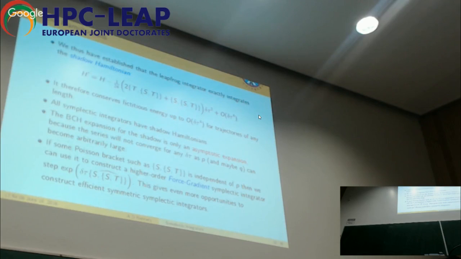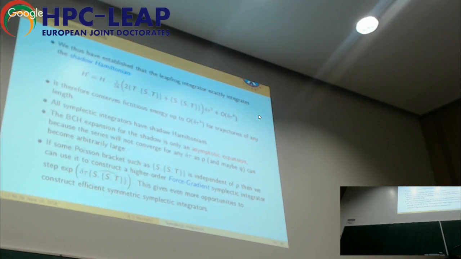So what we've shown is this property: because the commutator of Hamiltonian vector fields is itself Hamiltonian for the Poisson bracket, and because we have this BCH expansion, there's always a shadow Hamiltonian which is conserved, albeit only as an asymptotic expansion. In practice, as long as your integrator doesn't go unstable, the shadow Hamiltonian is a good approximation, and the corrections are exponentially small.